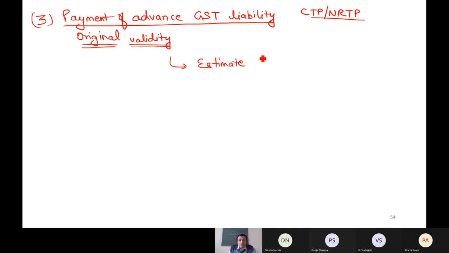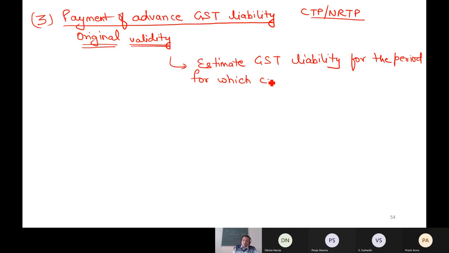It is only an estimation, not actual, but I should estimate the GST liability for the period for which the certificate is required.